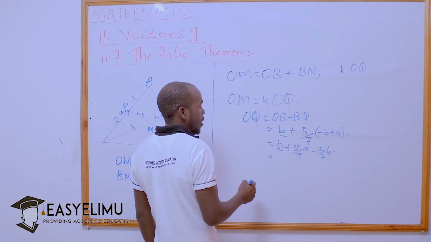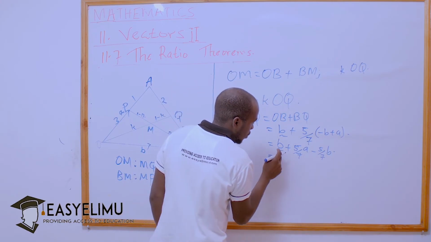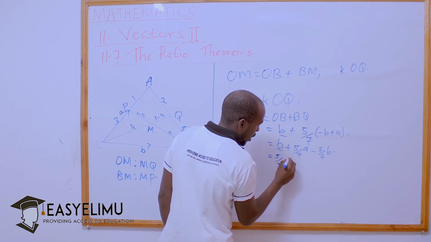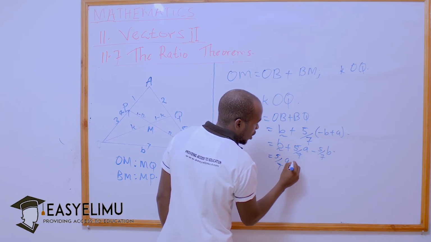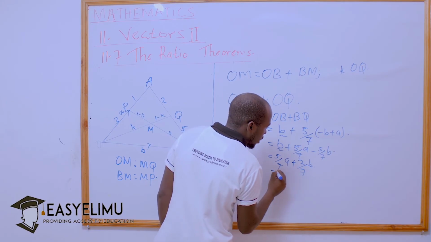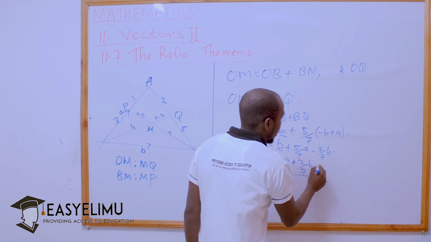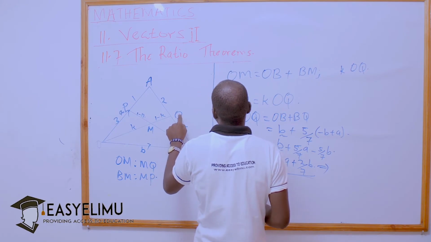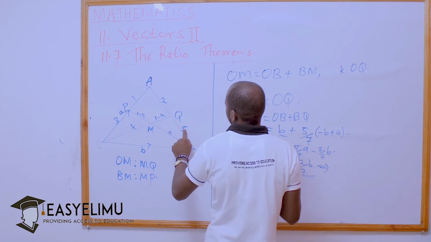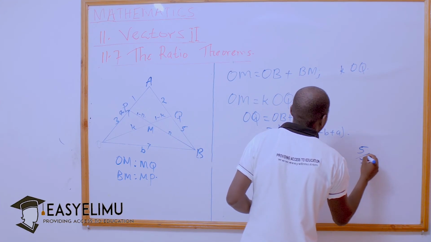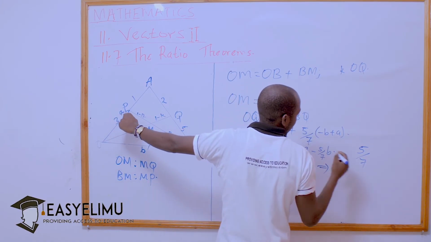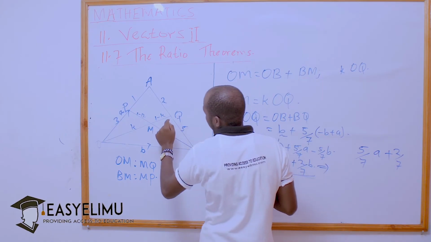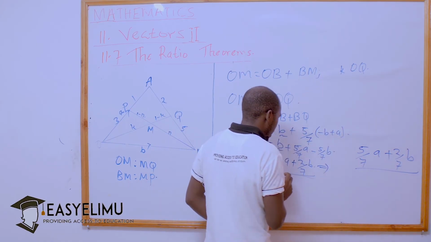On doing that, you are going to get 5 over 7 A minus 5 over 7 B plus B, which gives plus 2 over 7 B. This can still be found directly by using the ratio theorem: if you want to find the position vector of Q, it will be 5 over the total ratio, which is 5 over 7, multiplied by the opposite side, that is A. Then you add 2 over the total ratio 7, multiplied by the other side, which is B. And you find this value is still the same.